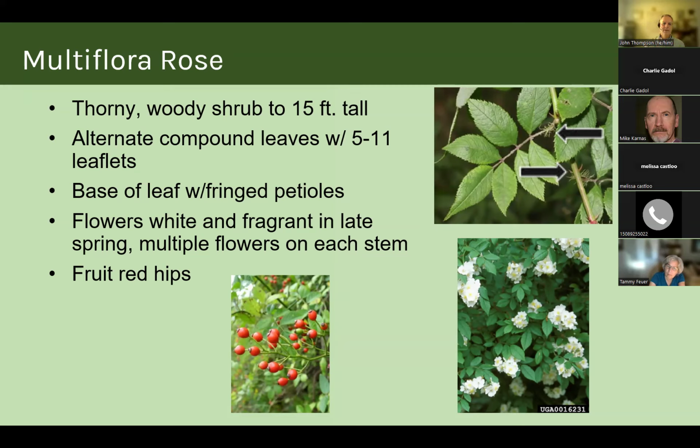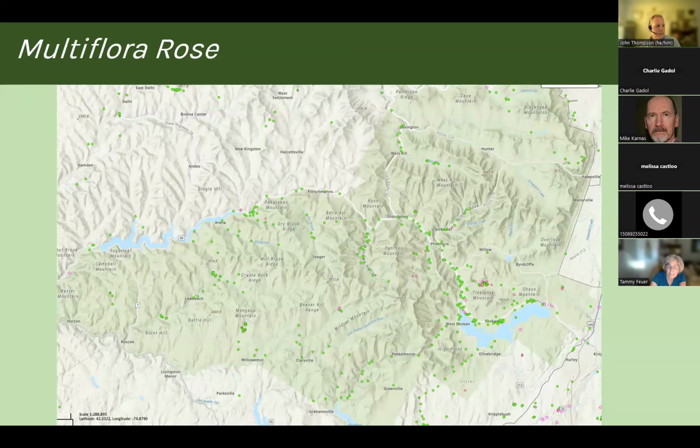One thing that I should mention about the flowers is it has multiple flowers on each stem, where our native roses would have one flower, and they would be colors other than white. So multiflora rose, again, this might be the most widely reported species in CRISP. We have a lot of records of it. I'd be more interested in records outside of lower elevations.